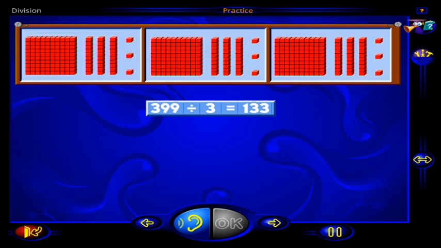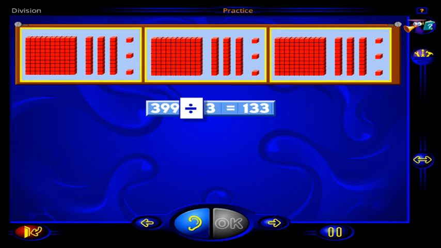There are 3 hundreds, 9 tens, and 9 ones here altogether. So these blocks show the number 399. The number of groups there are is the number we're dividing by. There are 3 groups here, so we're dividing by 3.